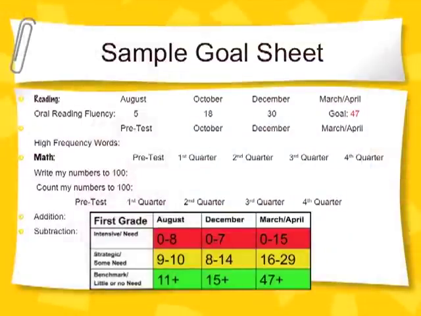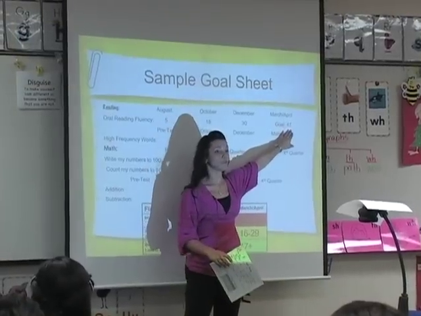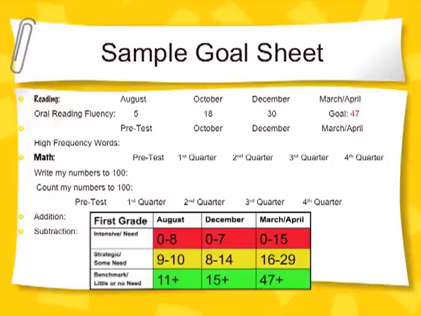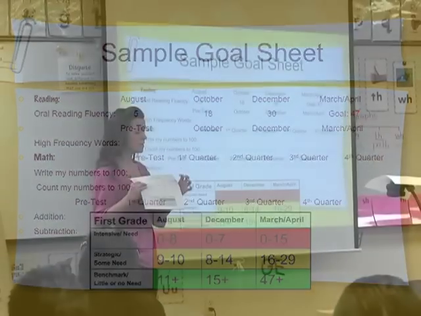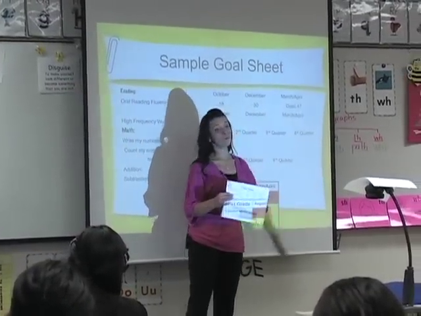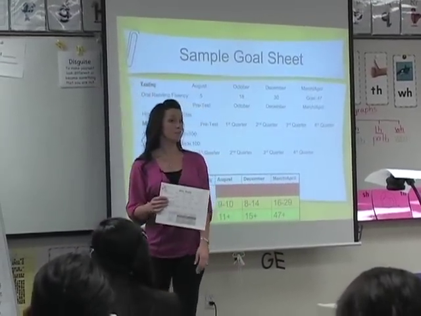And this is a sample goal sheet of what I'm holding. These are scores that I made up. I'm going to make my goal 47. That's how you read the first row on your goal sheet, in case some of you weren't here at the first meeting. I have August, October, December, and then for our third and final meeting, that goal will be changed to their end score that I gave them on the progress monitor.